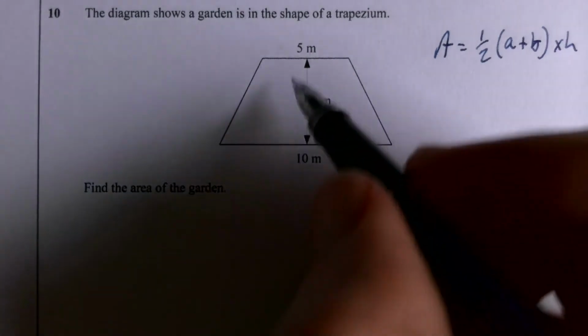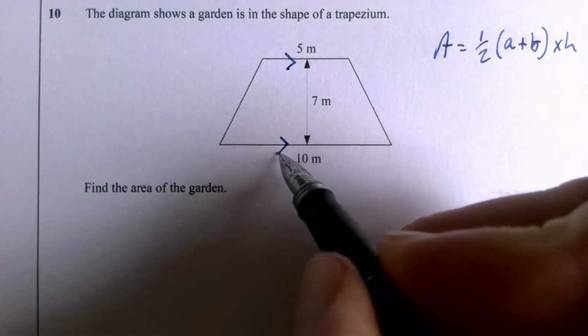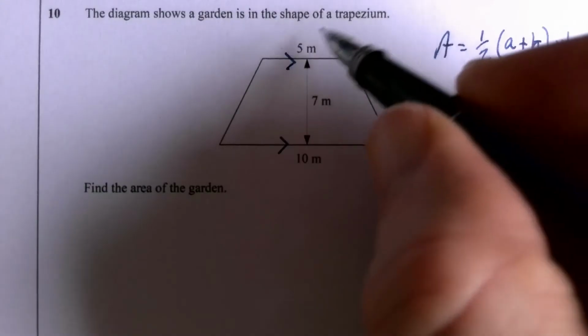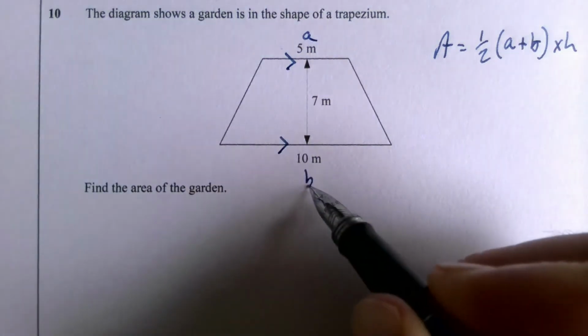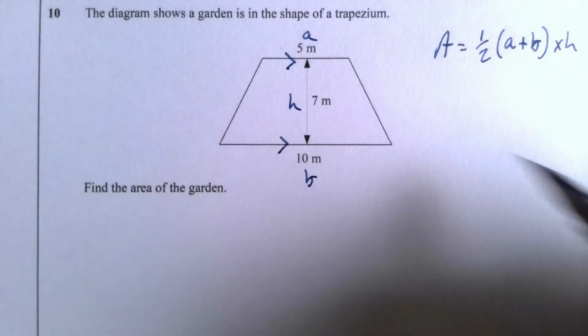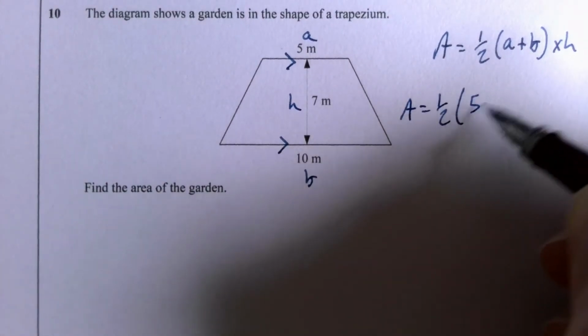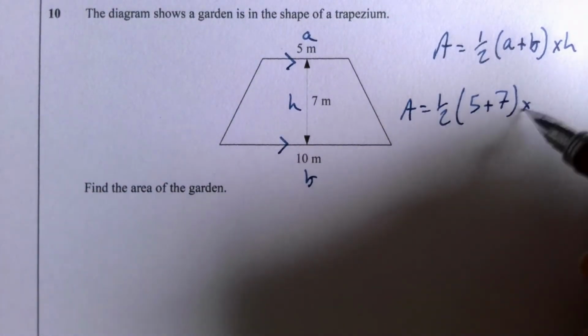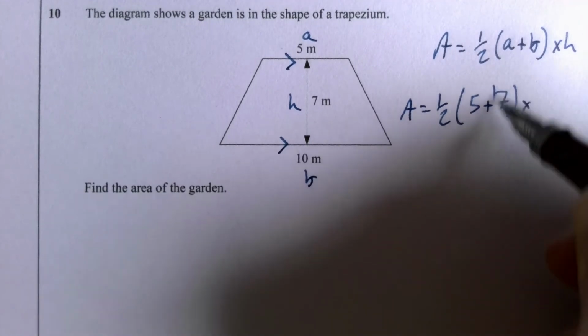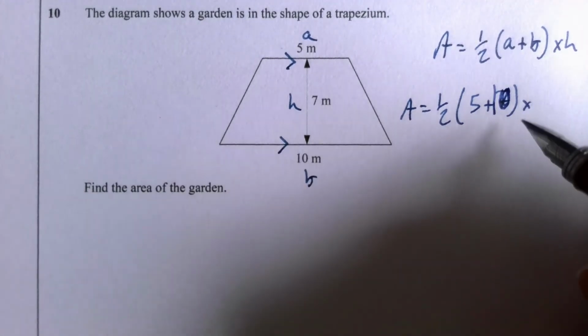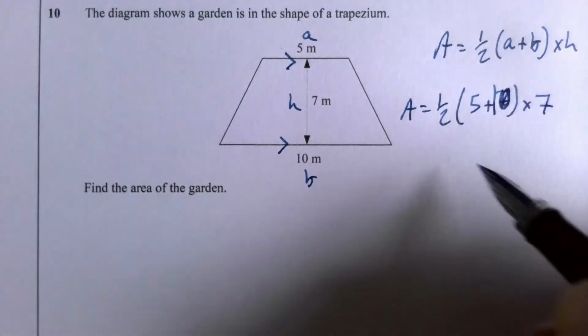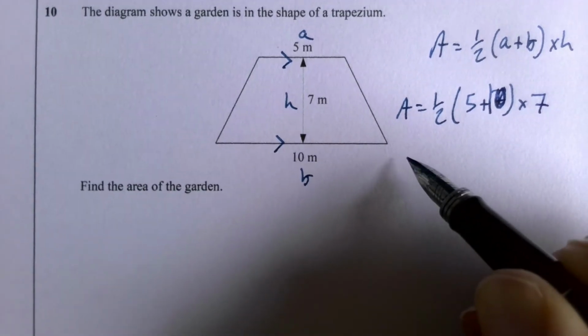And A and B are the two parallel sides. So you could call A 5 and B 10 and 7 height. So it's a half, 5 plus 10, because 10 was that one, and then the height is 7. So let's give that a go.